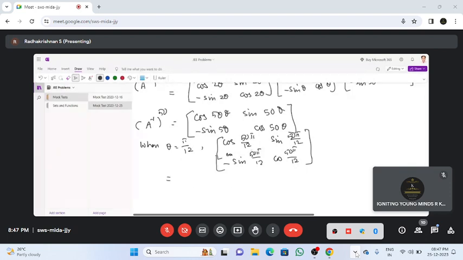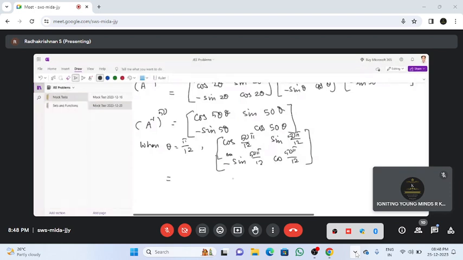So what is cos 50 pi by 12 equal to in simple terms? How can we simplify this? So this is 4 pi plus pi by 6, that is 4 pi plus 2 pi by 12, or pi by 6. So 4 pi we can remove, that is 2 full circles.